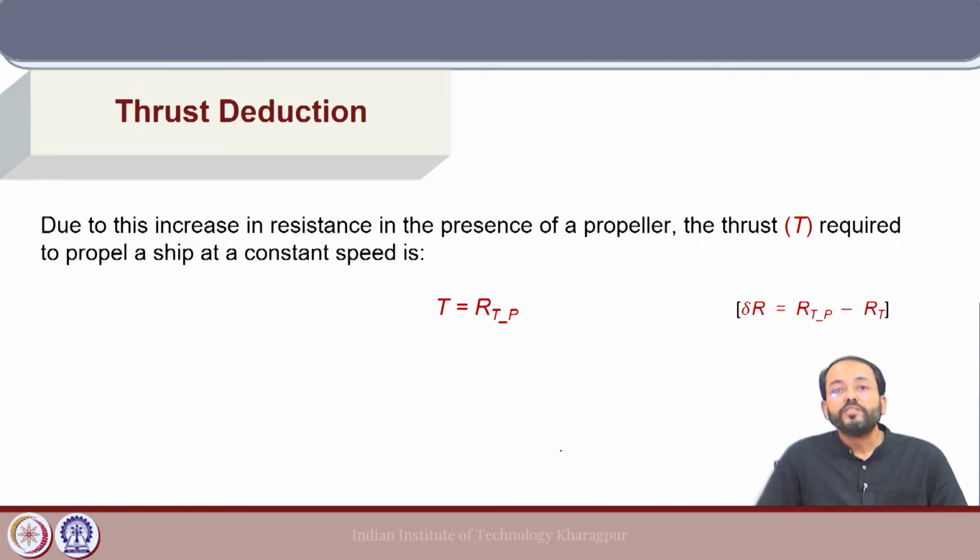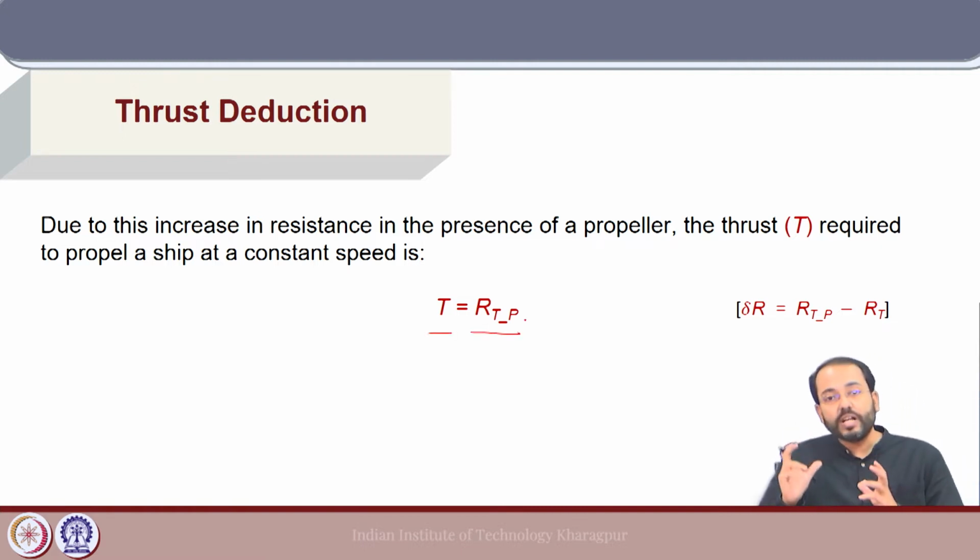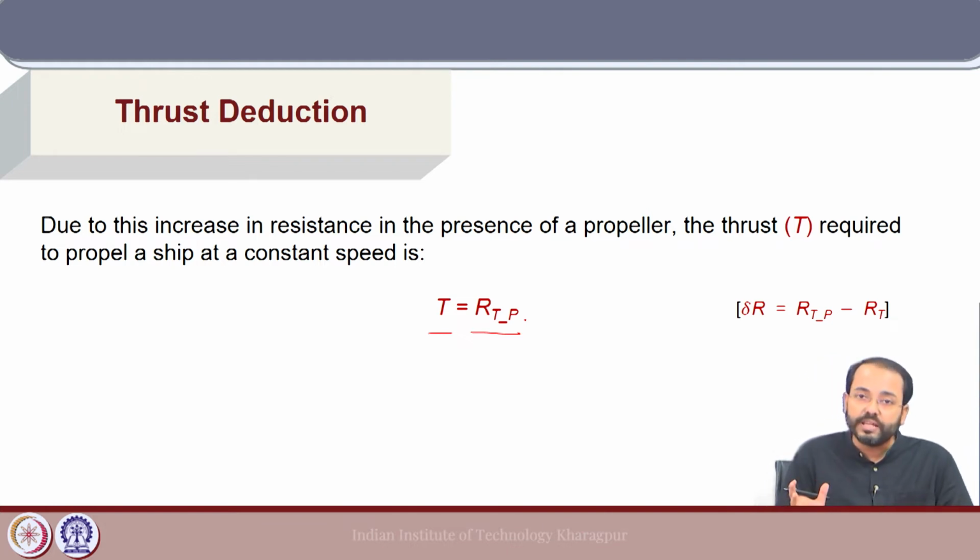So, when the ship during the self propulsion test or any practical case moves forward at the design speed, the thrust provided by the propeller should balance the total resistance in the self propelled condition. Now, that thrust T should be equal to RTP, which is the total resistance of the ship with the propeller working behind.